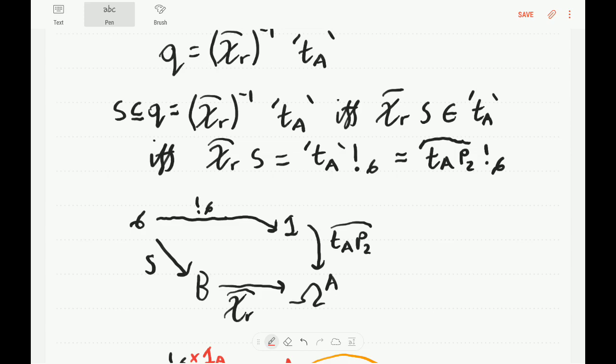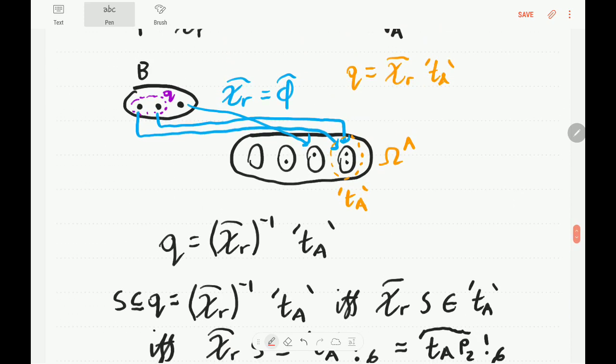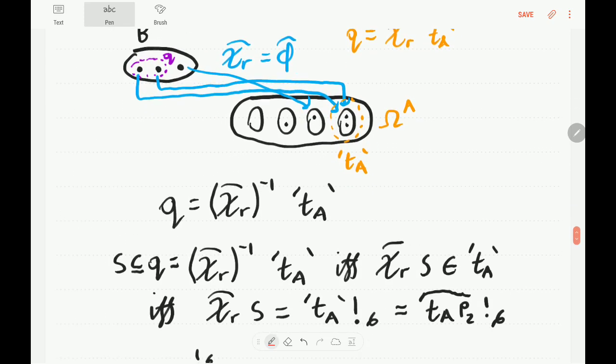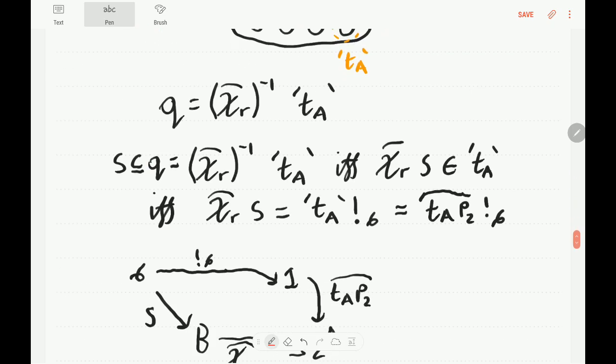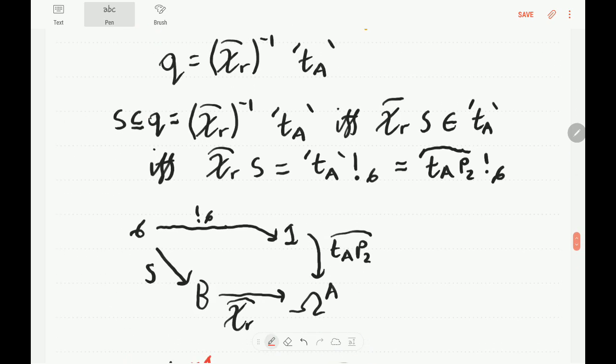Now for the complicated bit. So what we wanted to know is the conditions for S to be in Q. And we found that it's equivalent to saying this equation, that chi R bar S is name of TA after exclamation mark zeta. Like this, okay?